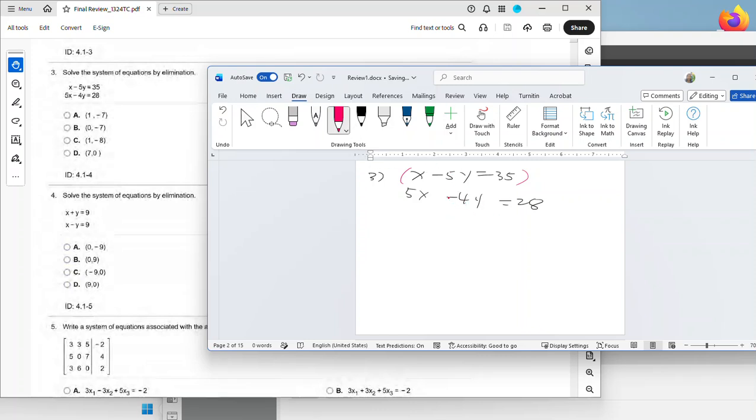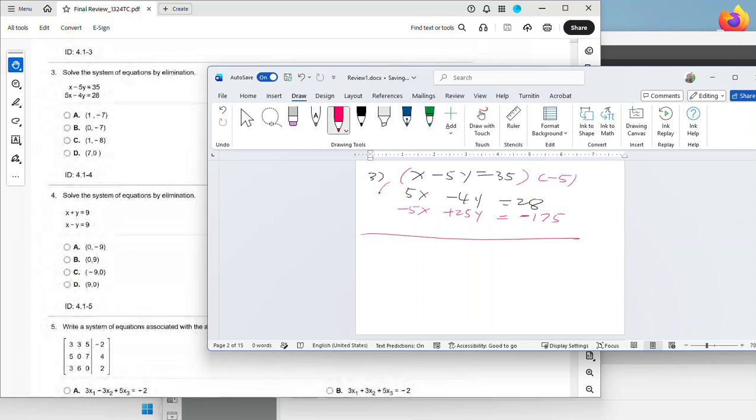Okay, the LCD will be 20. But if I multiply the first one by negative 5, I can cancel my x. Okay, so this will be negative 5x. And then this will be positive 25y, right? And then this multiplied will be negative 175. Look at it.